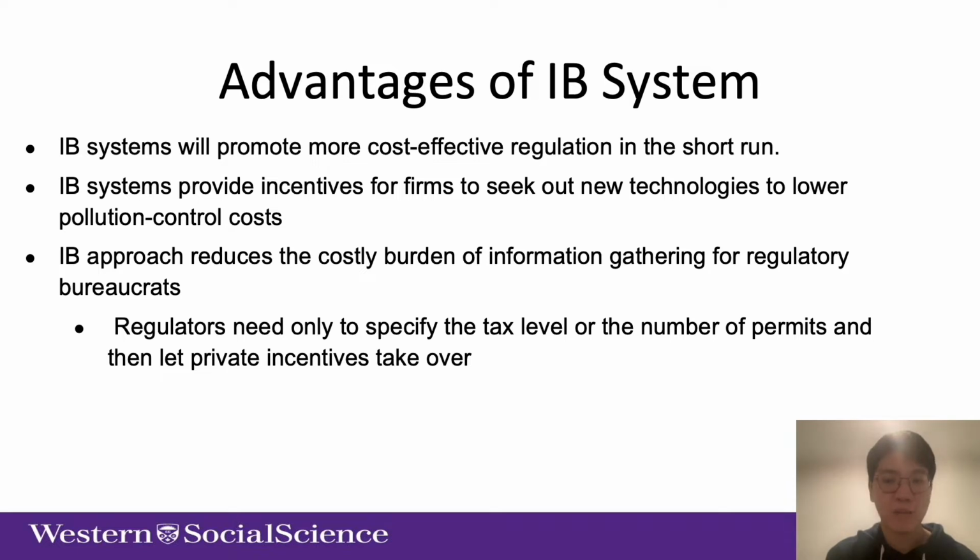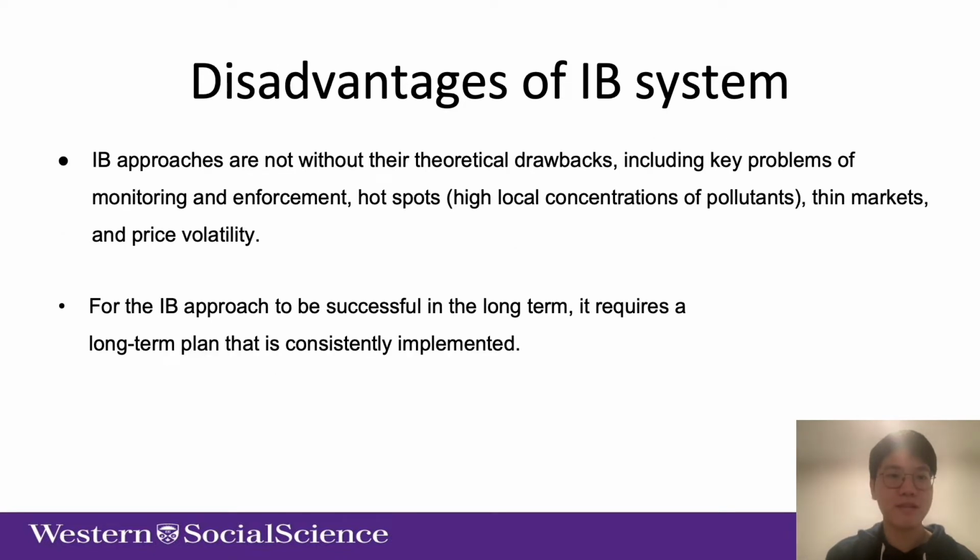And moreover, the IB approach reduces the expense of regulatory information collection. Regulators can simply set the level of tax or the number of permits, and then let the private firms take over.